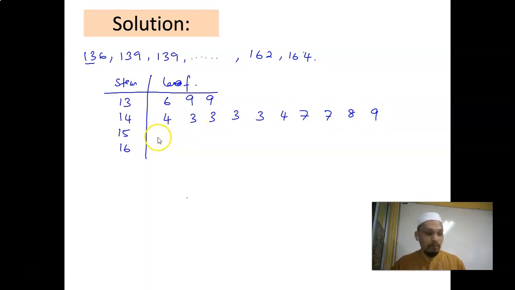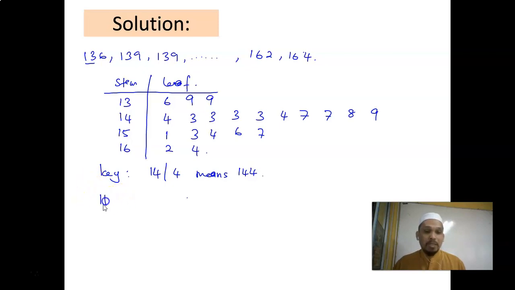So 151, 153, 154, 156, 157, and 162, 164. So the key here, 14|4 means 144 centimeters.